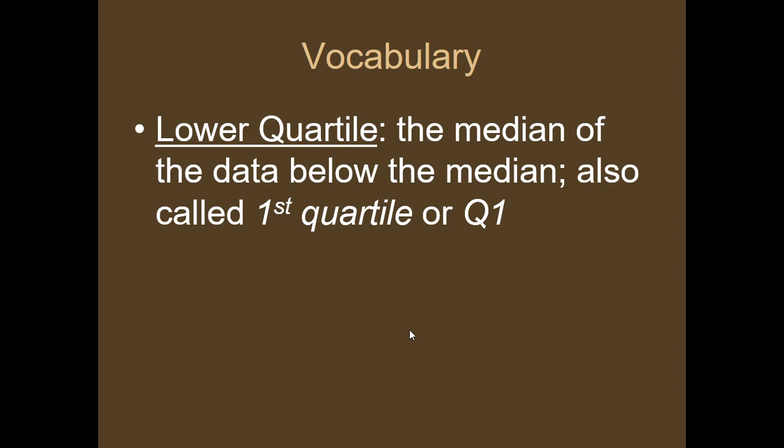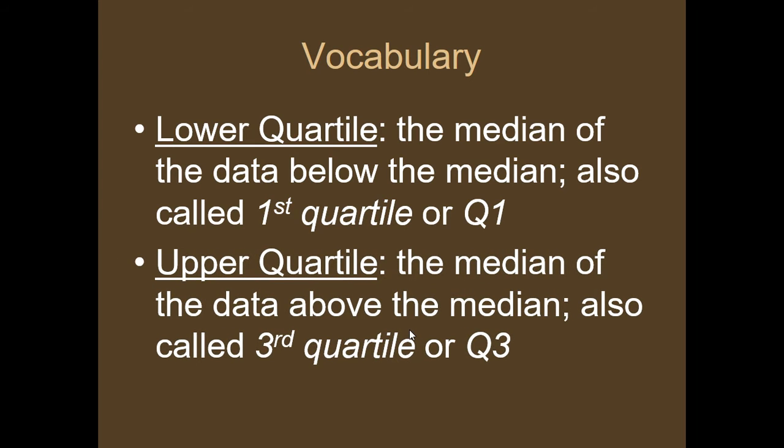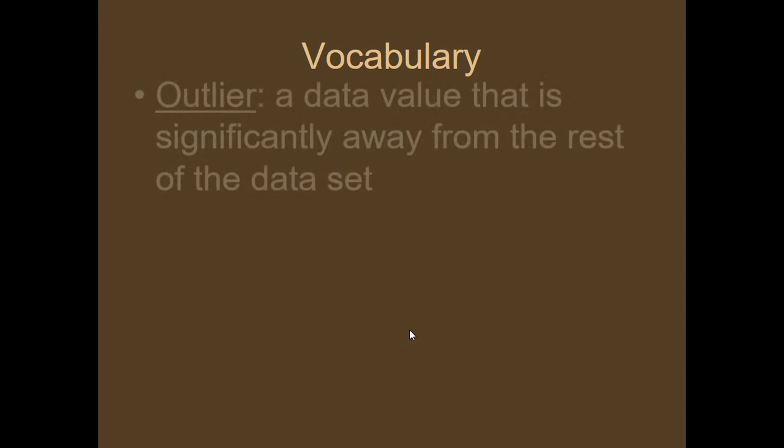Sometimes it's called the first quartile or Q1, or even the lower median. And then you've got the upper quartile, which is the upper part of those fourths, sometimes called the upper median, the third quartile, or Q3. Now, we don't talk about Q0, Q2, or Q4 because those are the min, the median, and the max. We only call Q1 and Q3 because we don't have any other names for them.